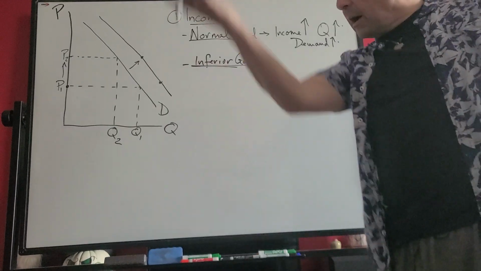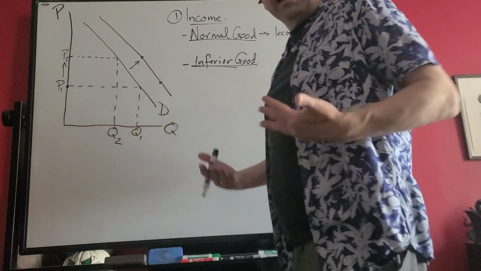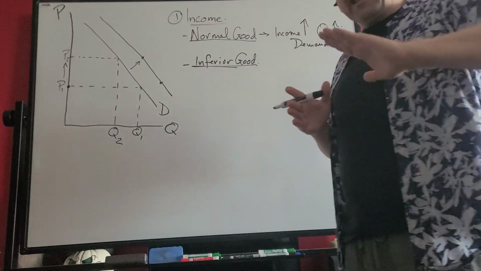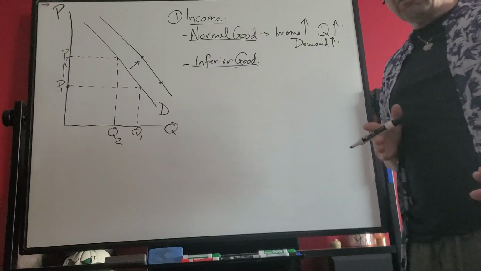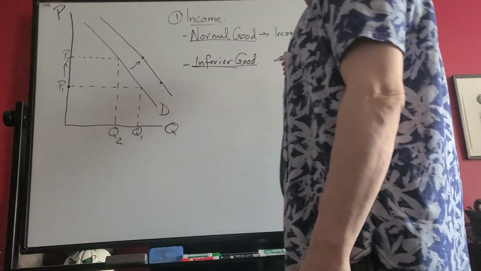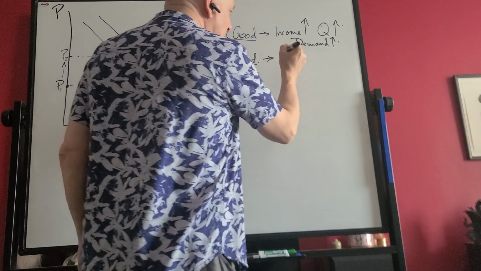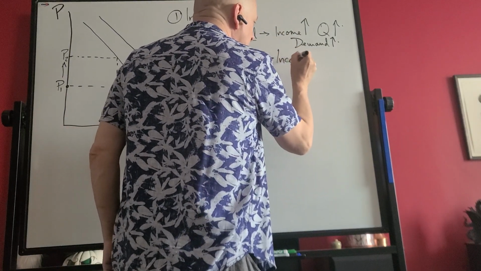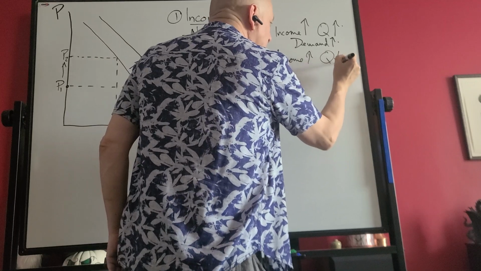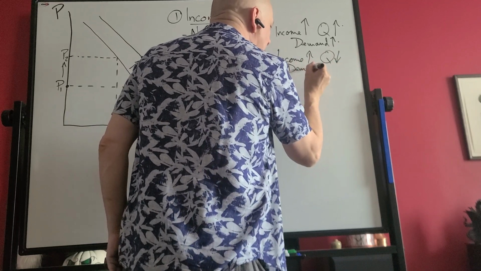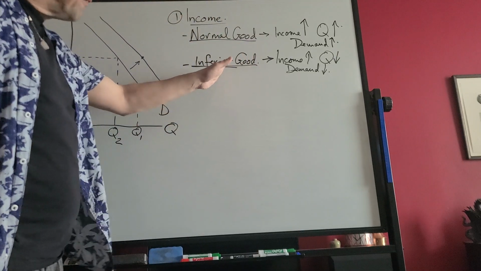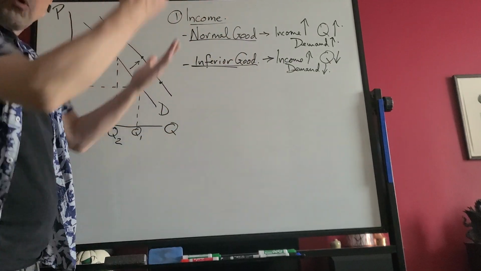But if my income was suddenly to rise, if I go from being a student to being a corporate executive with a salary now, I am likely to demand less of that inferior good, those ramen noodles. So in the case of an inferior good, if income goes up, then the quantity is going to go down, so demand goes down.